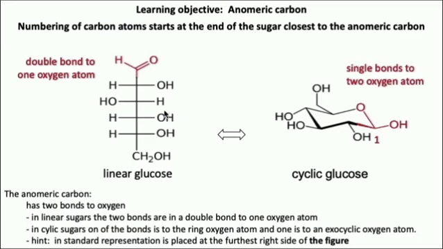With linear glucose, that's very easy. We simply look for the carbonyl, 1 through 6 to the opposite end, right? Now with cyclic, it's a little more difficult. However, we know that carbon 1 is the anomeric carbon, and if we're looking for a continuous carbon chain, we can't go around the circle on the top here because there's an oxygen atom.